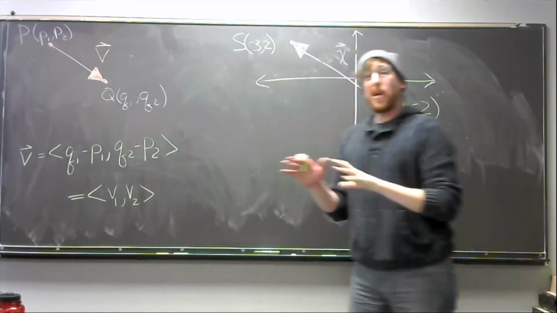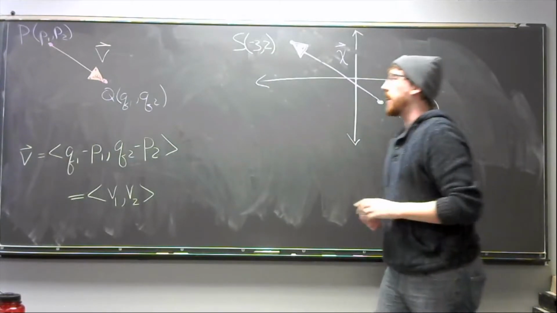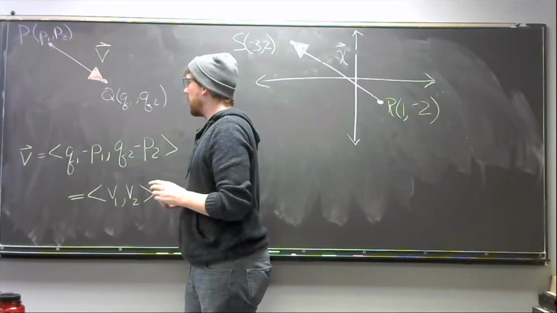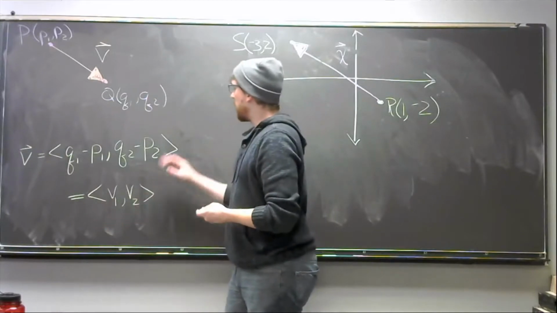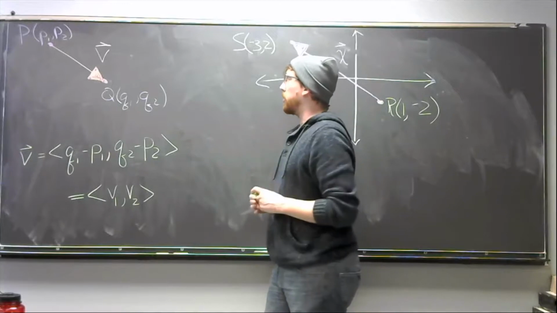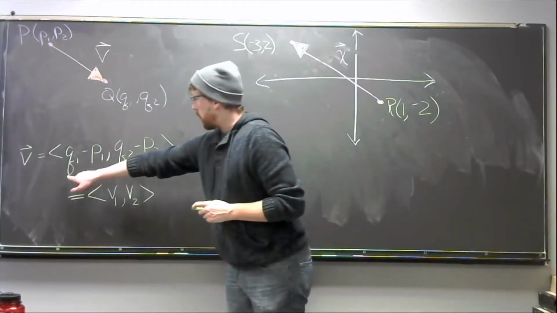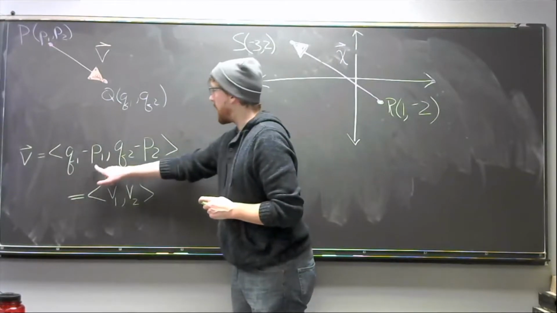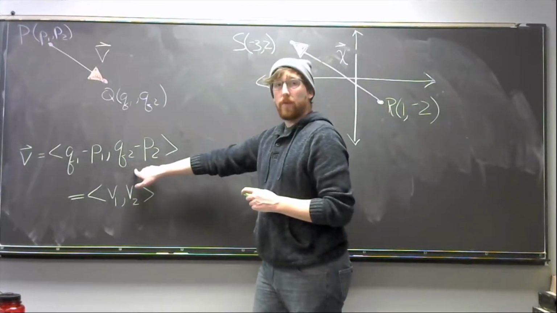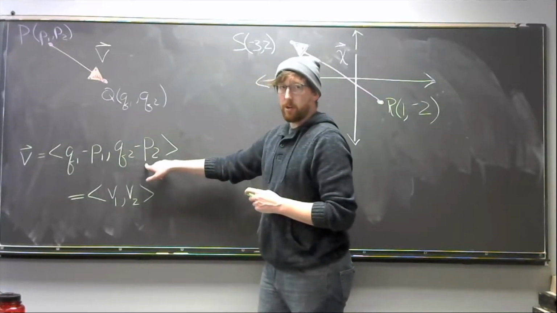And when talking about how to write a vector mathematically, what we say is that a vector, in this case v, is equal to, notice these angled brackets, the difference in your x component, the terminal end minus the initial end, comma, the difference in the y components, the terminal end minus the initial end.